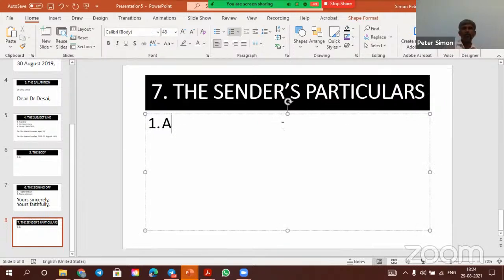Many people just write nurse and close it off, or doctor and close it off. Many people don't know that you have to write these also, because the other person requires these things if he has to contact you back. If the address is not there, how will he contact you? So the address is important.